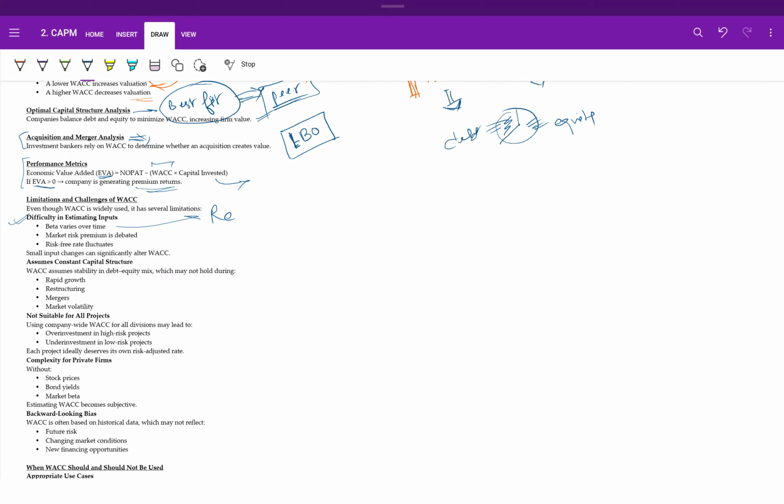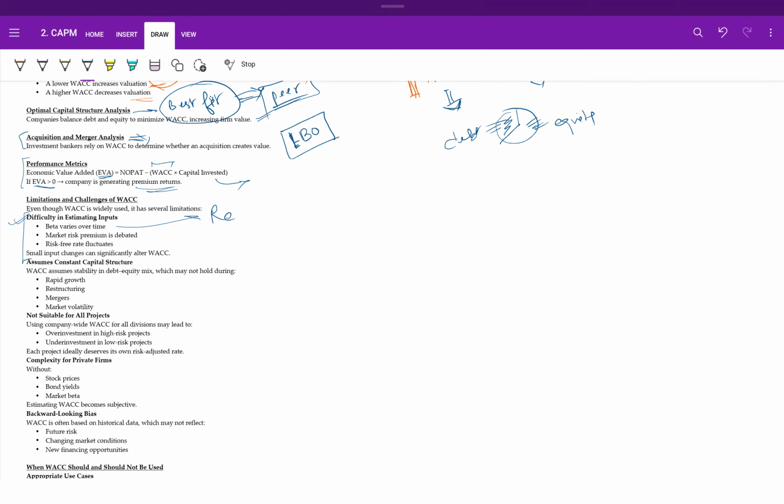Market risk premium is very much debatable, how much the market premium should be. Risk-free rates also fluctuate, and small changes in the inputs can alter the weighted average cost of capital considerably. So this is a limitation of weighted average cost of capital.